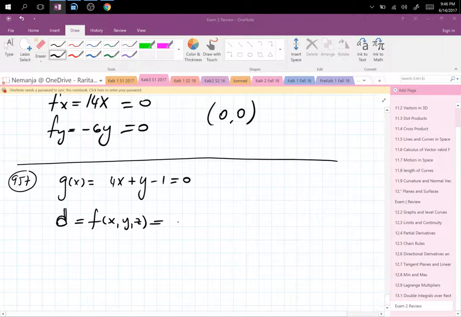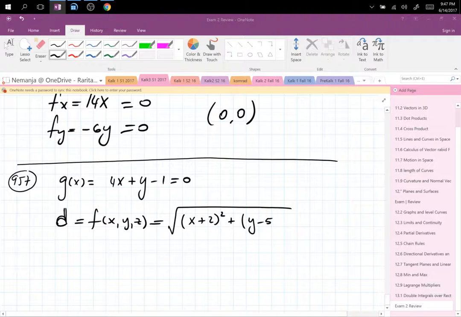And that would be the square root of x plus 2 squared. I'm using the point, right? And then y minus 5 squared plus z minus 1 squared.